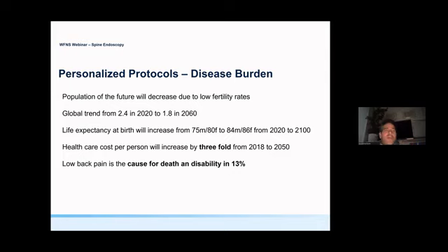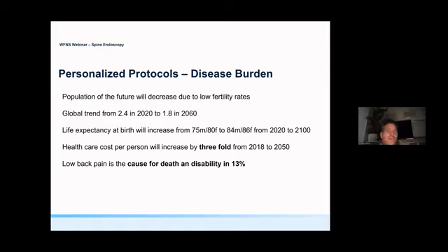But up to that point, the patients that are born will become older and older due to the life expectancy, which, if you're born now in the world, is 75 for male and 80 for female. But if you're born in 2100, it's 84 and 86, which means that the patients that have degenerative disorders and problems with the spine will increase overall in the world.